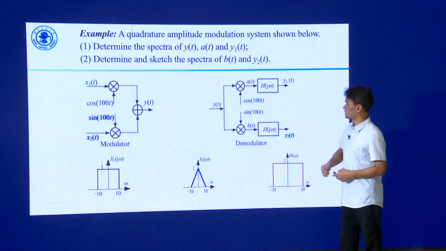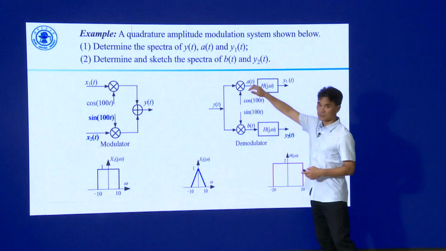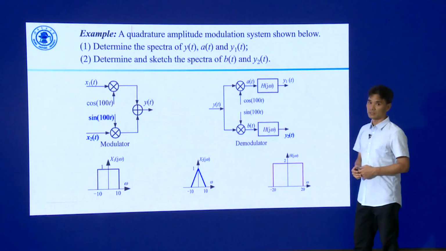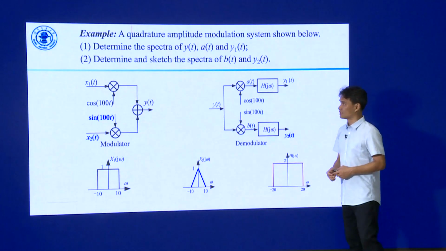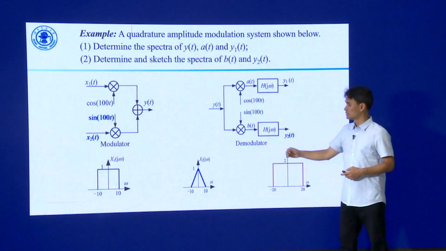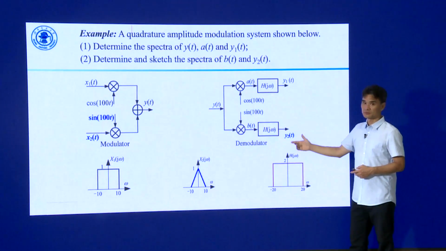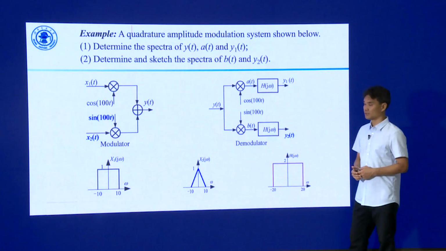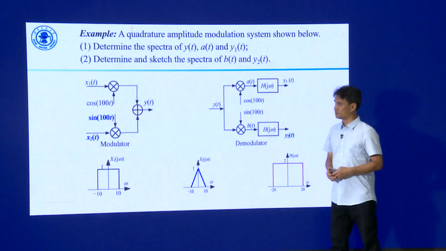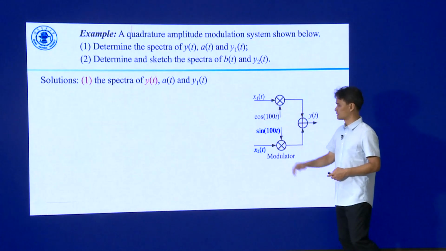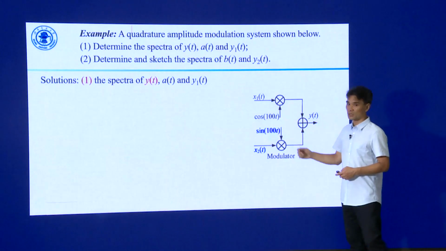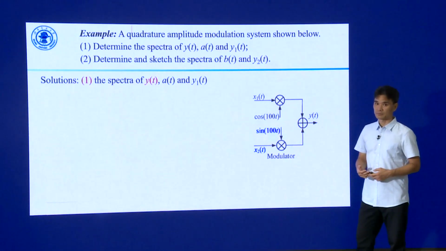And here, the spectrum for this signal, A of t, and the spectrum of y sub 1 of t. The second part is the spectrum for B of t, the second branch, and the spectrum for y sub 2 of t. Now let's start from the first question. We have two branches, and the modulated signal is the sum of these two branches' modulated signals.